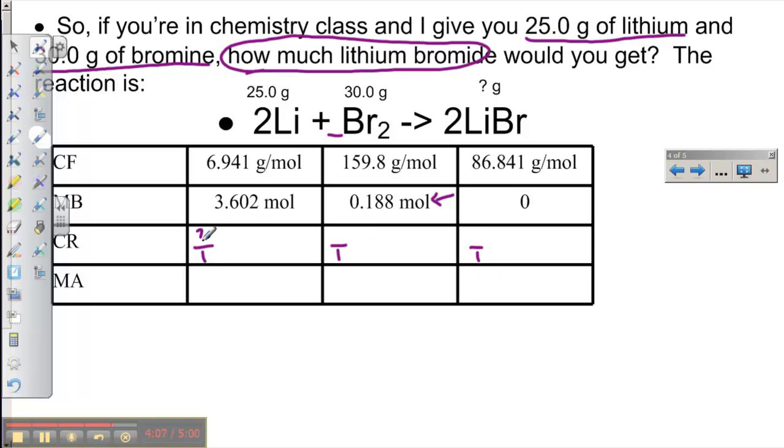So the top of my fraction is going to be 2, 1, and 2. Now here we're going to, remember we lose, so we have negatives, and we gain, so we have positives. Now we're going to multiply each one of these by our 0.188 moles.